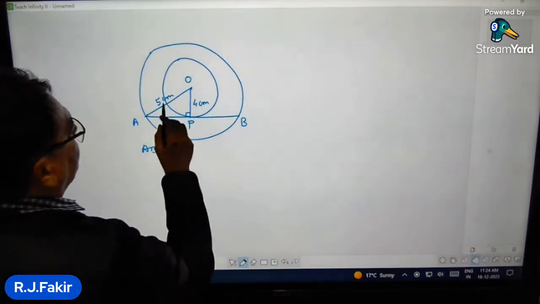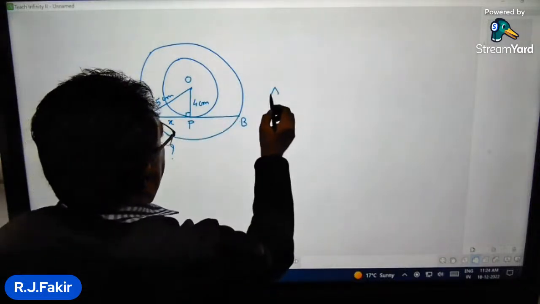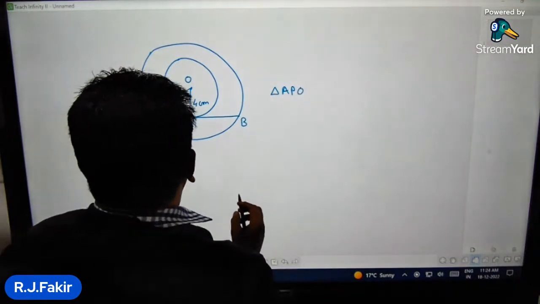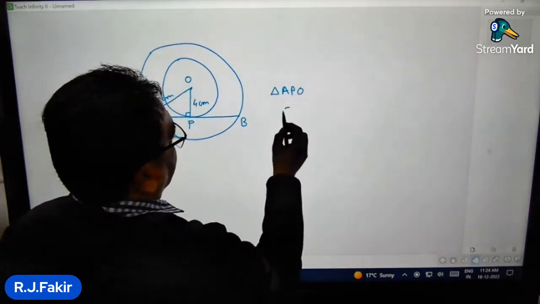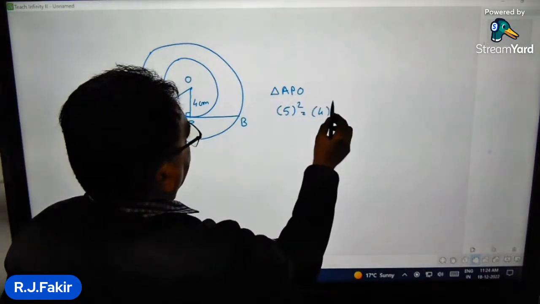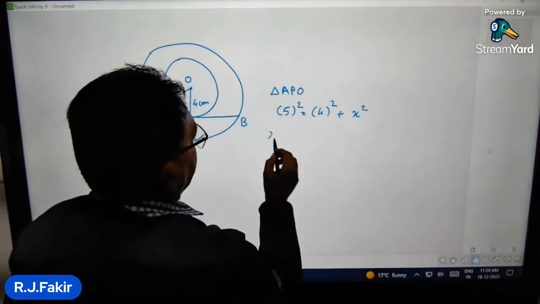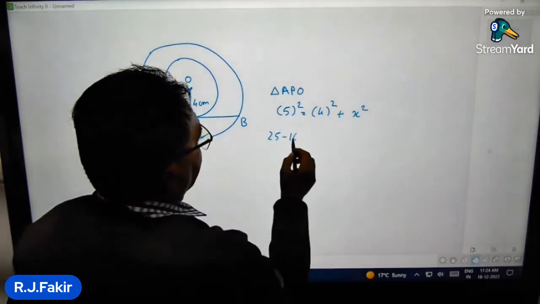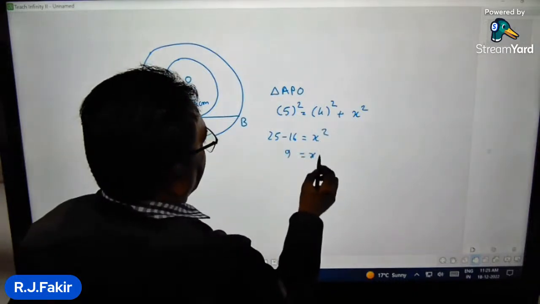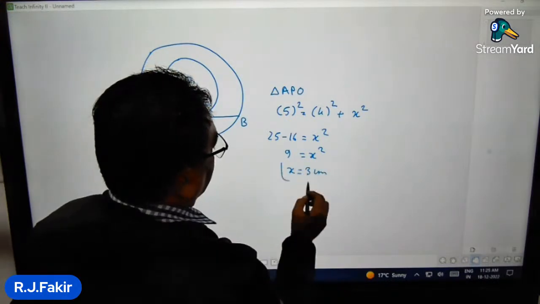So easily you can apply the Pythagoras theorem in triangle APO, where you can see 5 square is equal to 4 square plus x square, that is 25 minus 16 is x square, 9 is x square, and x is 3 centimeter.